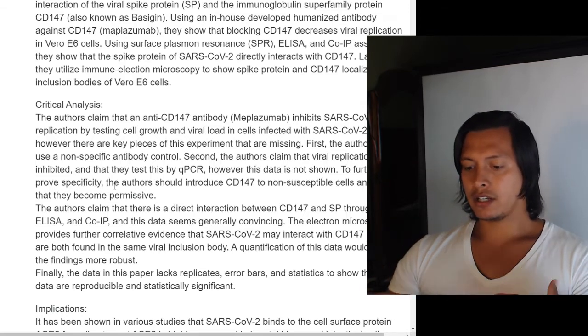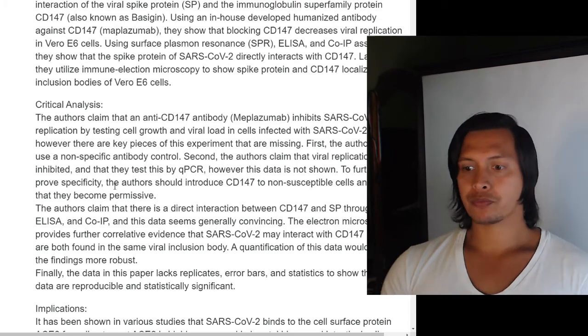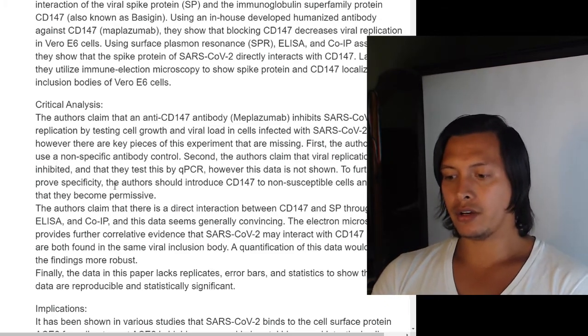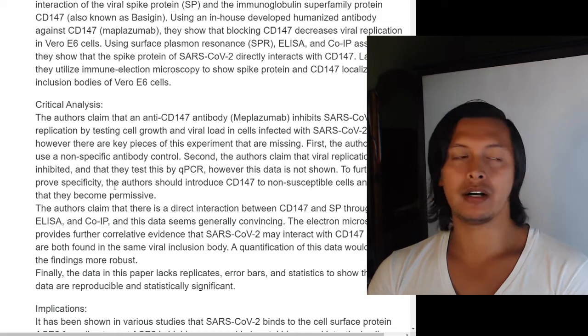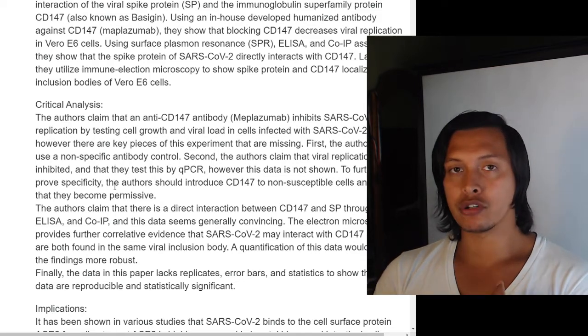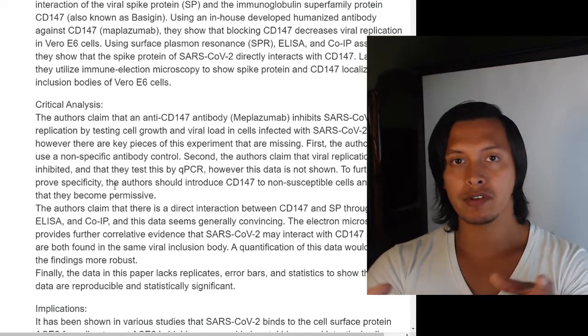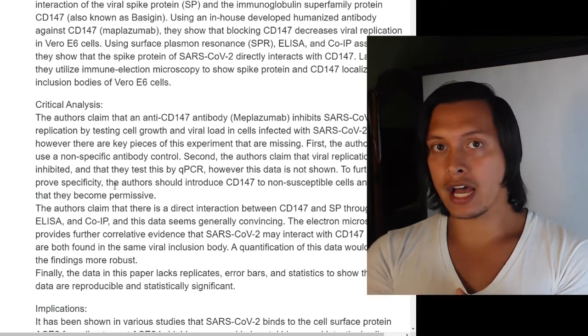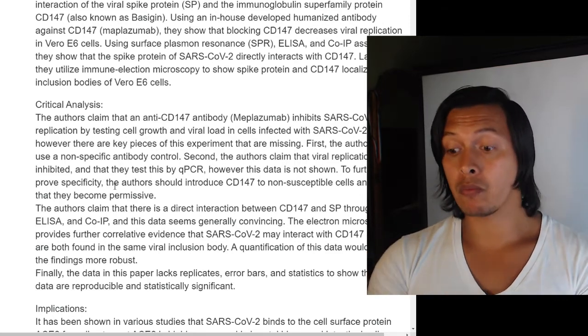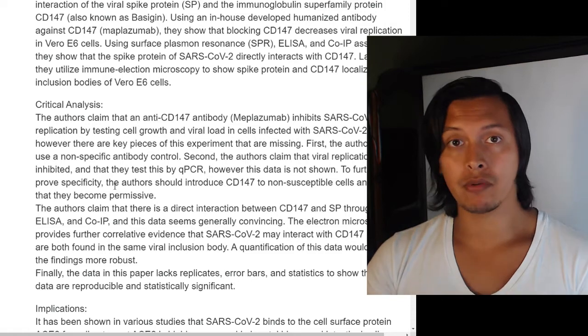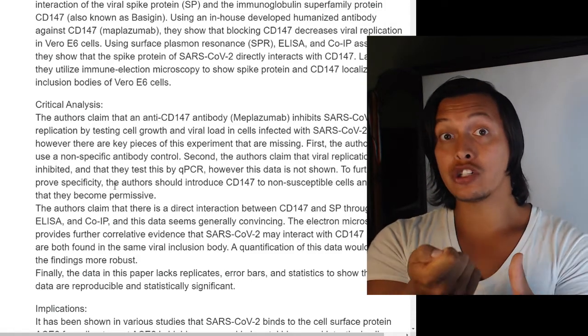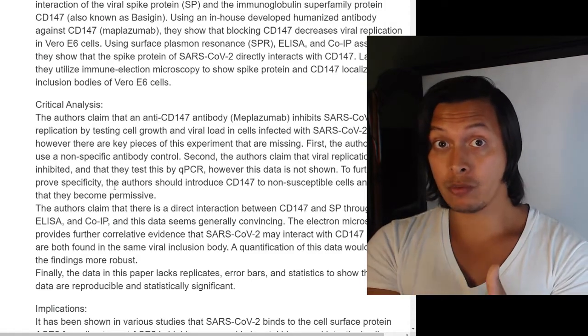If you want a good control and to see how vulnerability can be introduced into a cell, you need a cell culture that does not have CD147 at all, and then we genetically engineer that cell to have CD147.